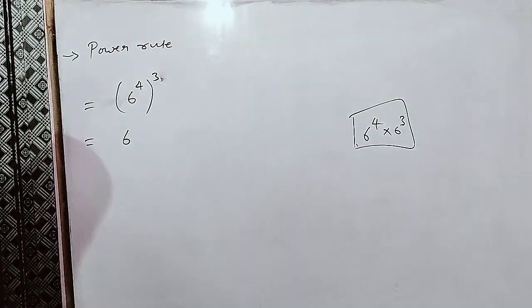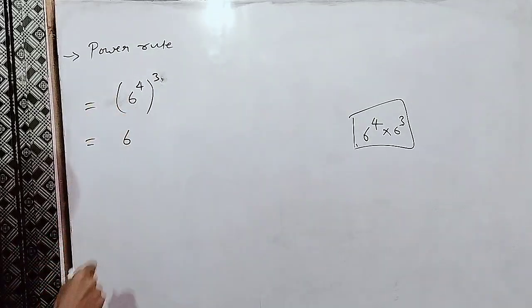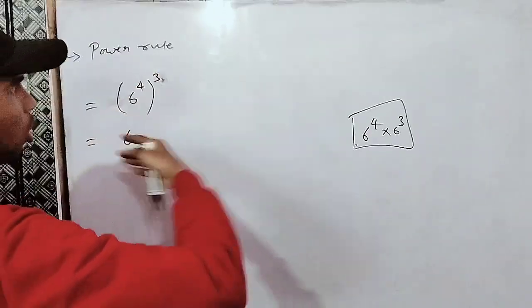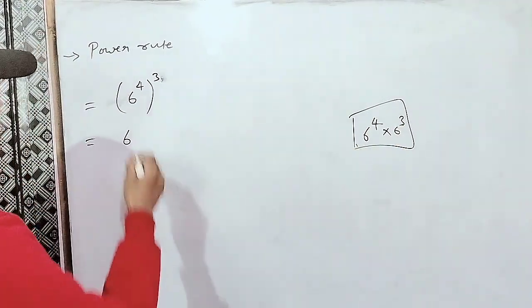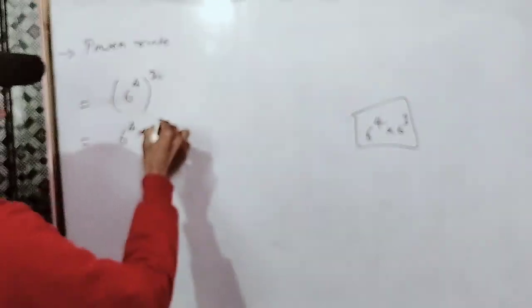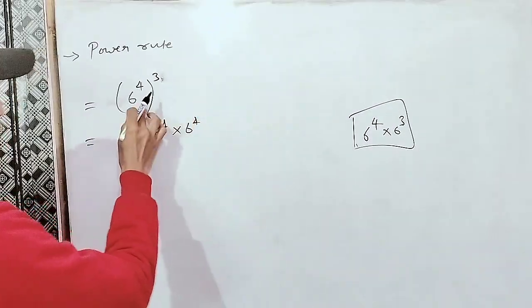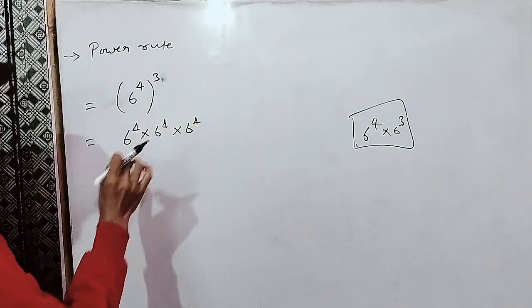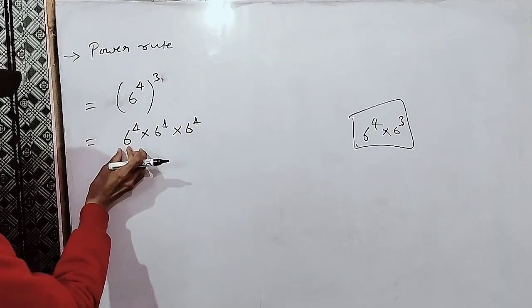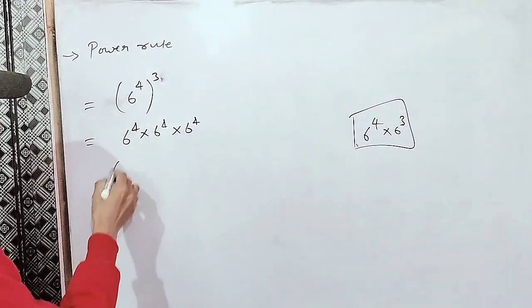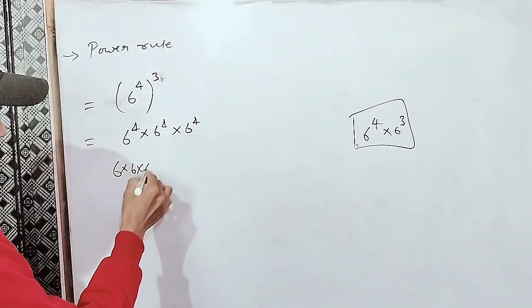understand this. So here, the meaning of this is that 6 raised to the power 4 is how many times, 3 times. Like that. Whatever we know, then you can write it like that.